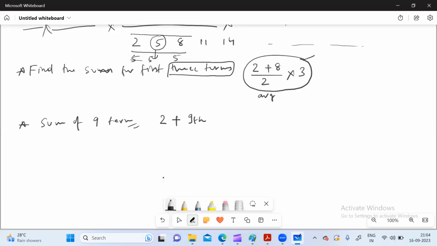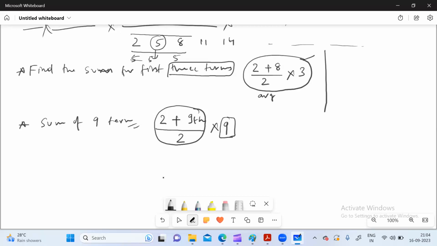I'm not writing the ninth term here, I'm just saying we can calculate it. Of course, you know how to find the ninth term. Divided by 2, into 9. So this will be the average, and this will be the number of terms. Everybody knows what average is, you must have studied average before. And you know the sum of averages is equal to the sum of numbers.